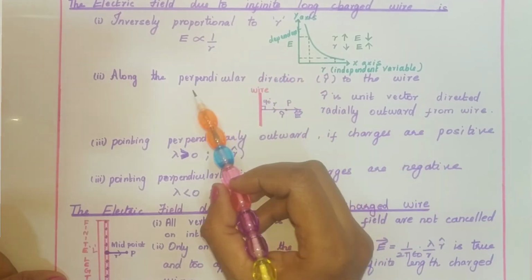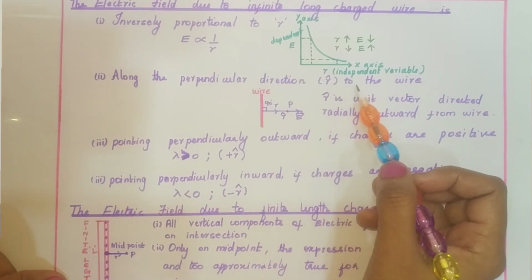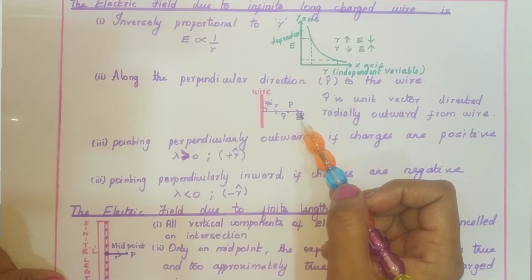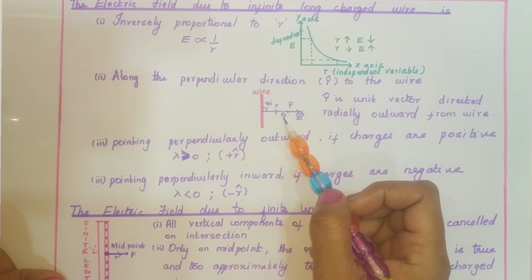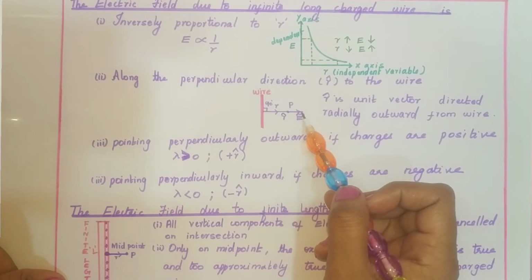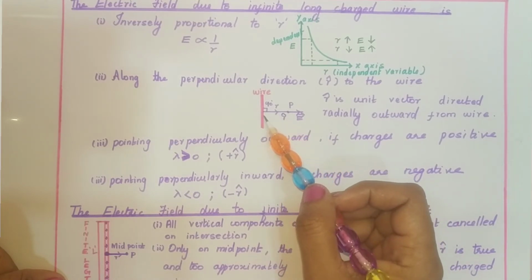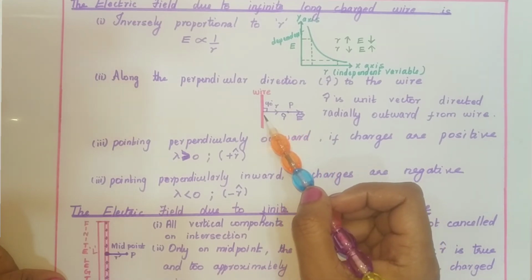The electric field is in the perpendicular direction to the wire. Here you see the electric field E is acting outward, and this R unit is the radial unit vector, which is also in the outward direction.